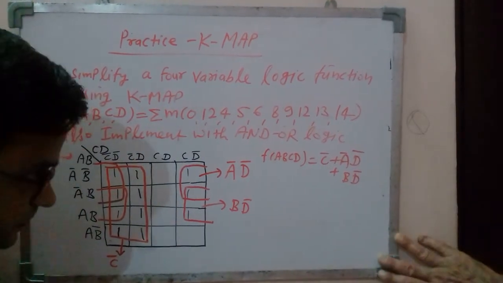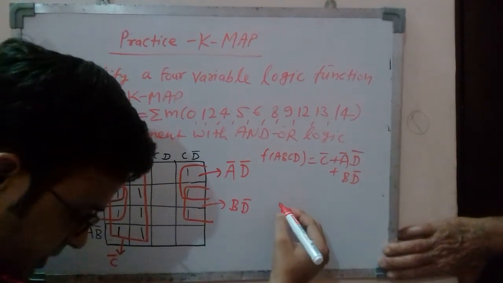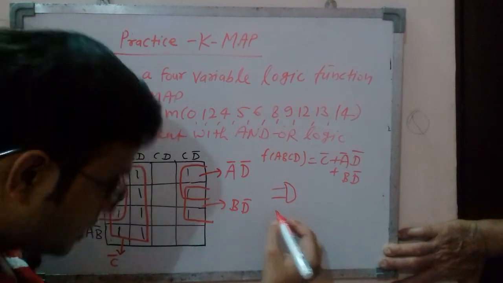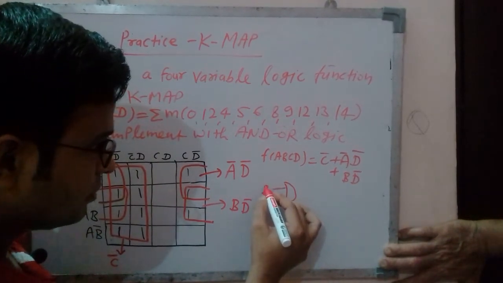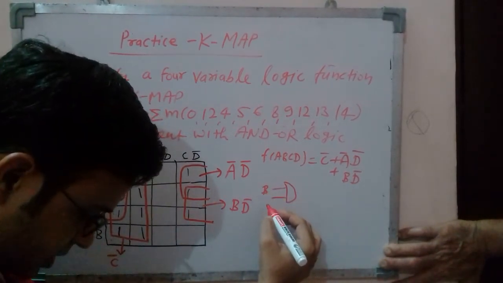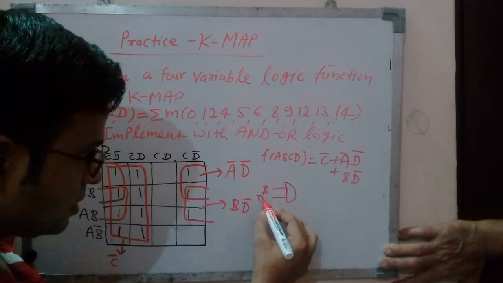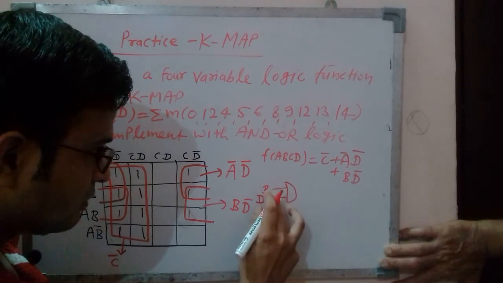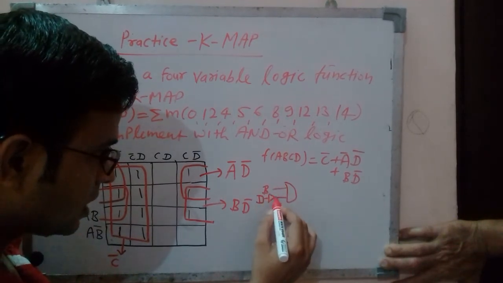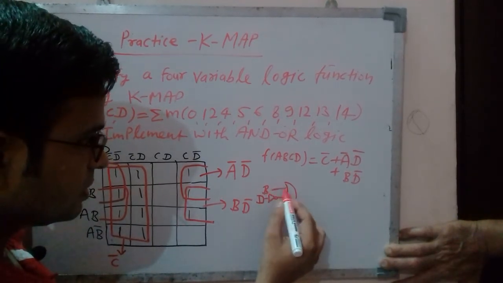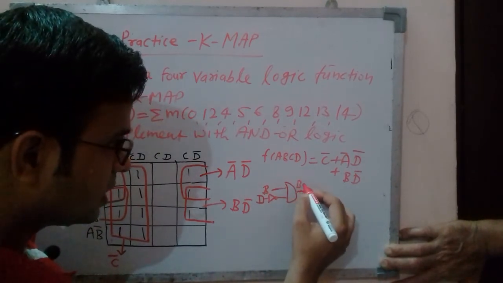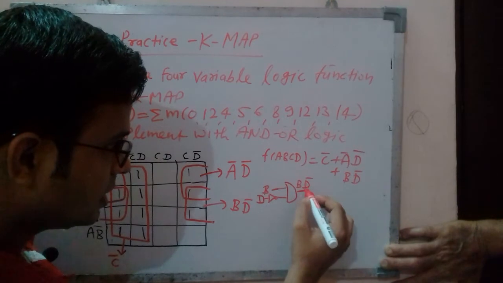Very easy. To implement this, first of all make one AND gate, right? Give B as input here, and at this point put D and pass this D through an inverter to make it D bar. So this is B, this is D bar. So what is the output of this AND gate? B D bar, right?